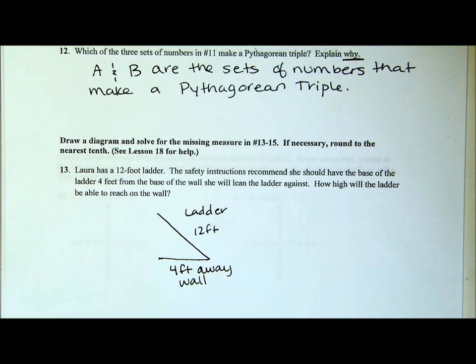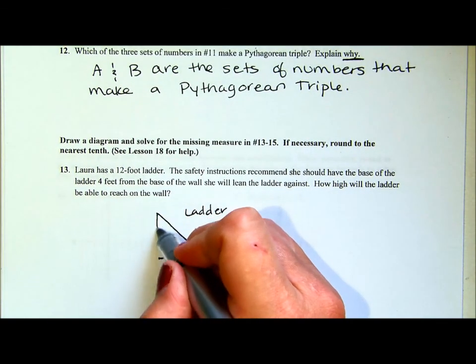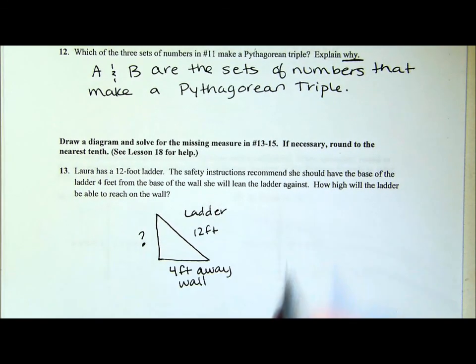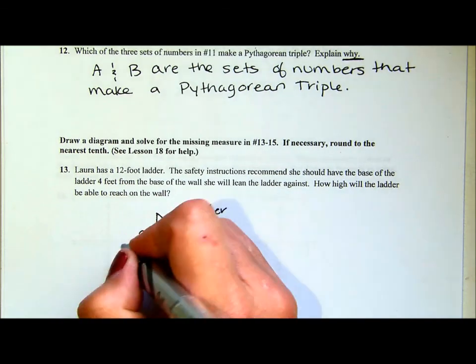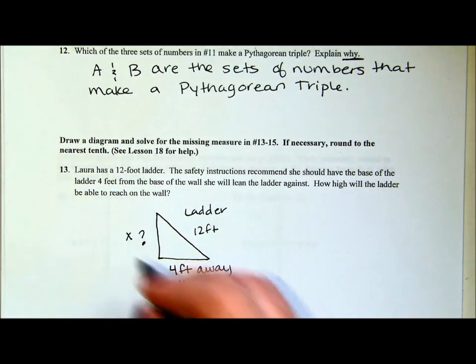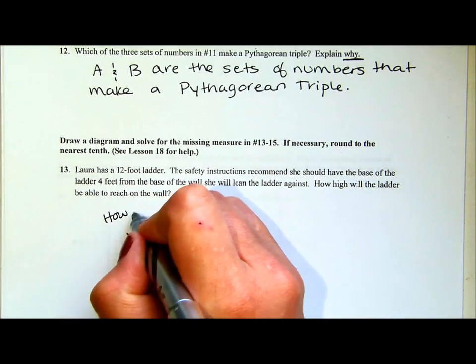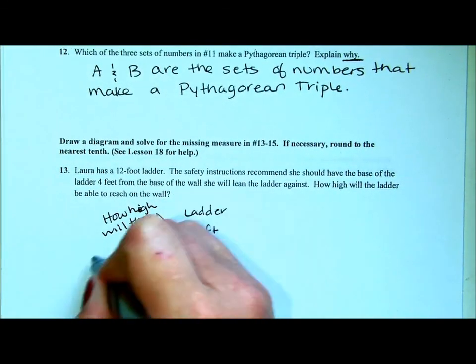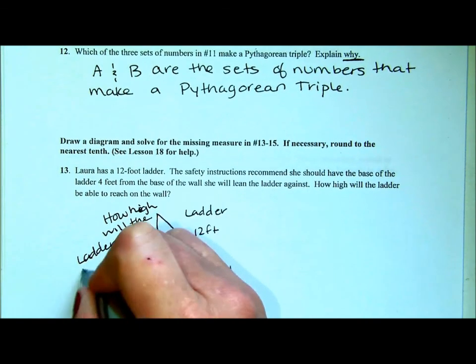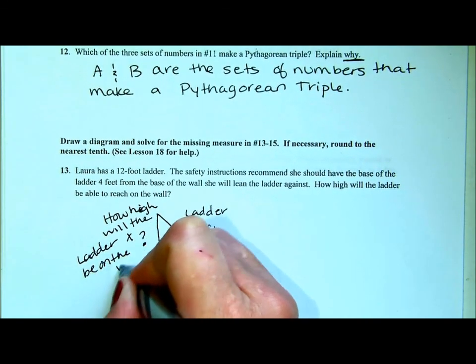What I'm asked to find is where on the wall will the ladder hit. So that means here I have an X. So how high will the ladder be on the wall? That's what we're being asked to find.